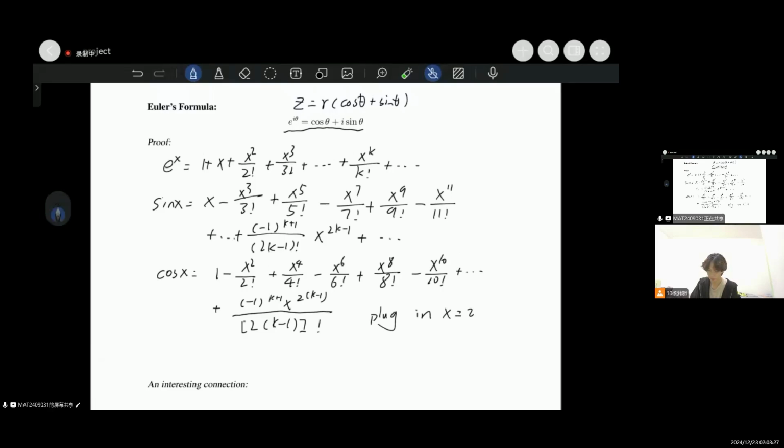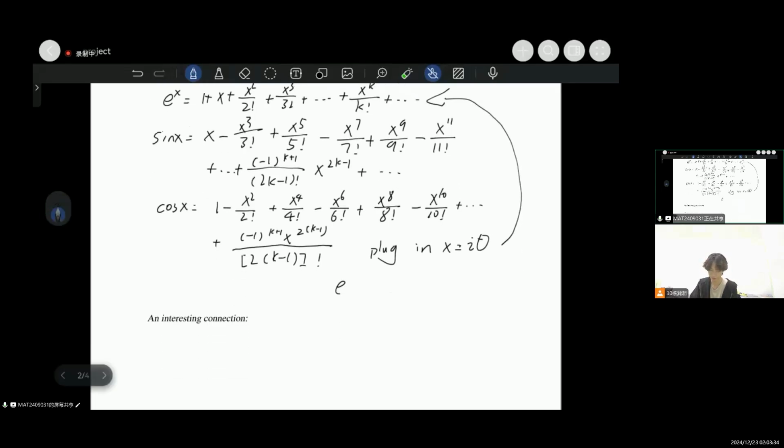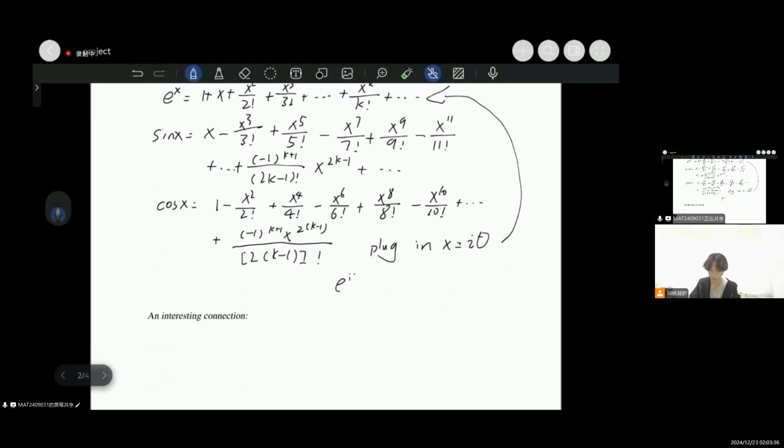To get this formula, we could plug in x equals to i theta to this, and we will get e to the i theta equals to this.